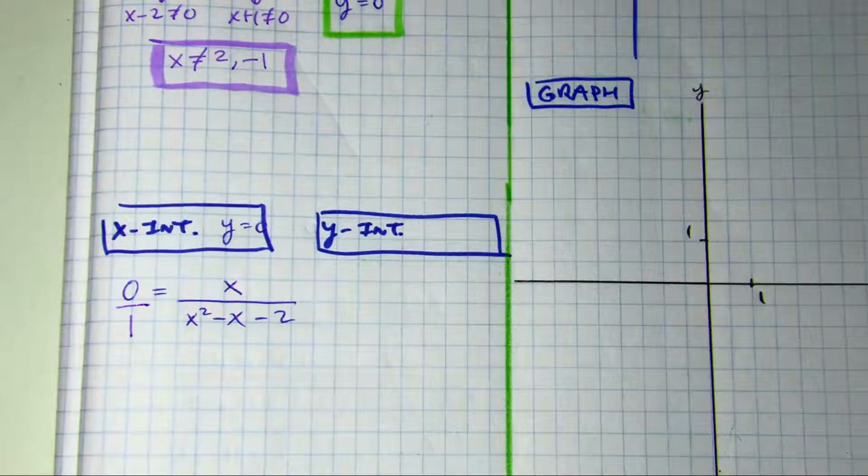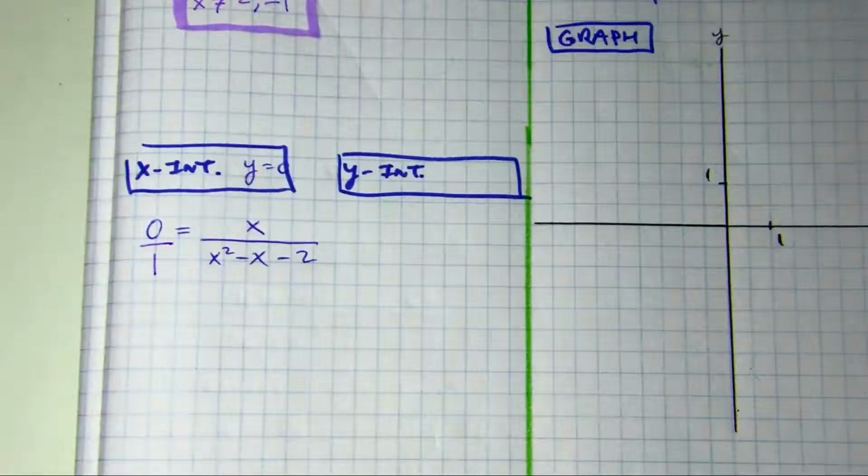Everyone talk to your partner, 10 seconds. What do we do at this point here? Ready, set, go. All right, Erica, what do we do? You can cross multiply.